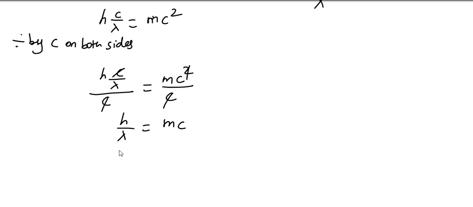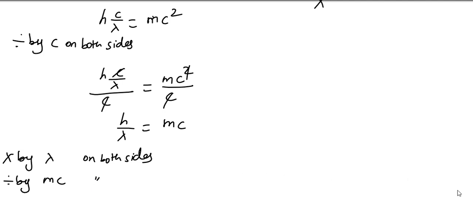So now after some rearrangement, you can simply multiply by lambda on both sides and divide by mc on both sides.